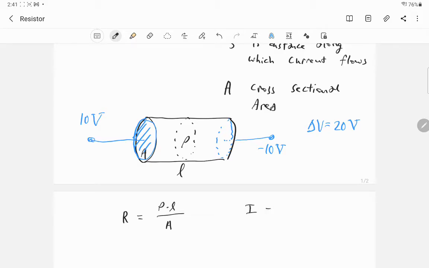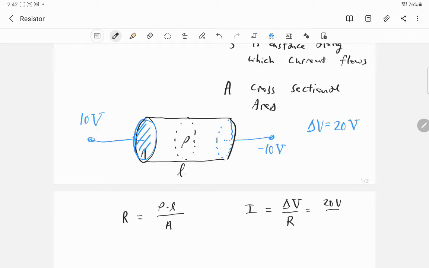So the current is the potential difference, delta V from front to back, divided by the resistance. And delta V in this example is 20 volts.